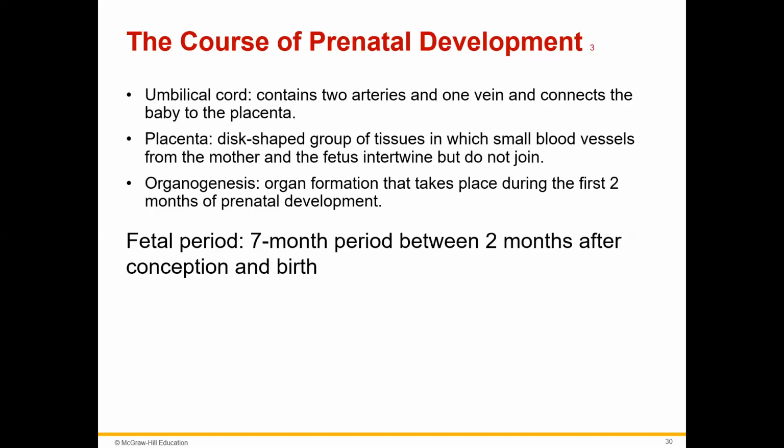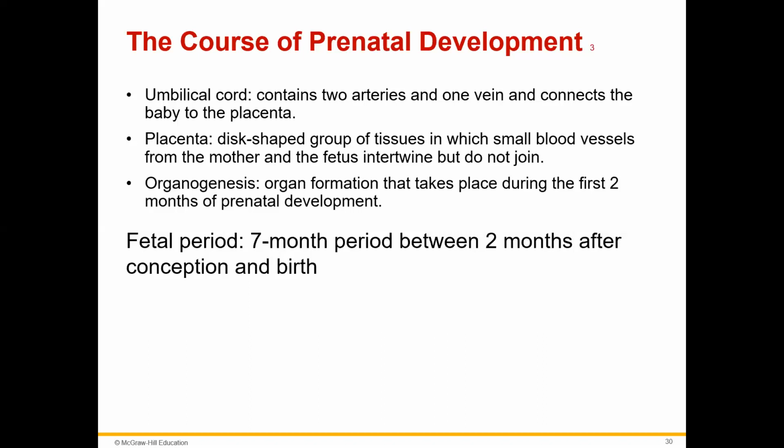The third period, so we had germinal period and we had the embryonic period, the third is the fetal period. It's a 7-month period. It's the rest of the time, from 2 months until birth. And this is often called the finishing and fattening stage, because all of those organs and bodily systems that were started in the embryonic period all finish developing.